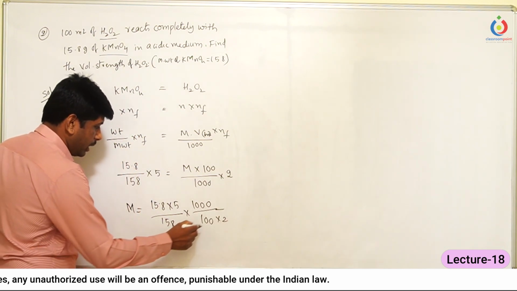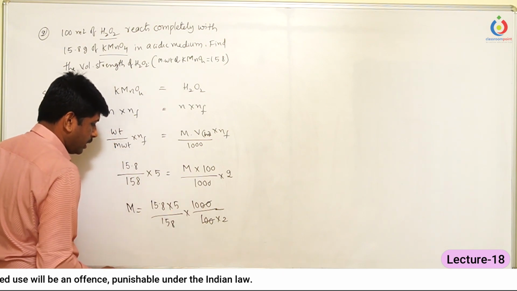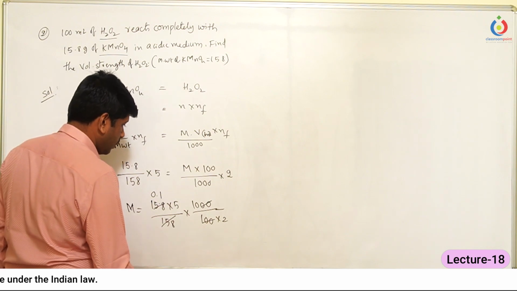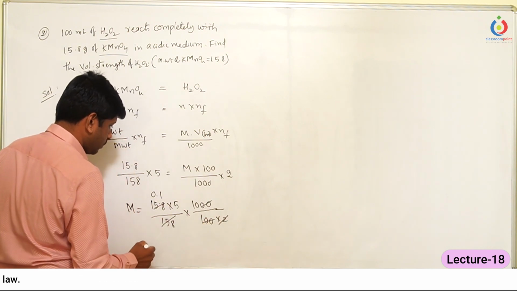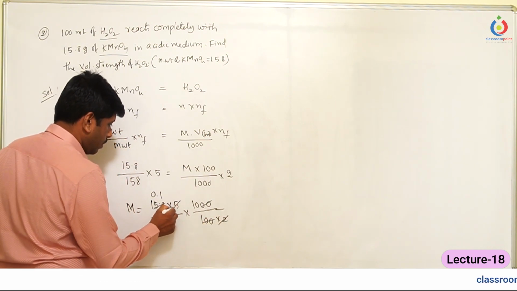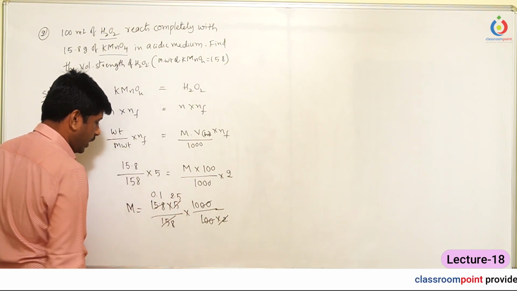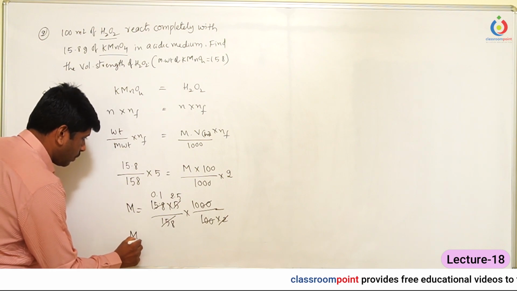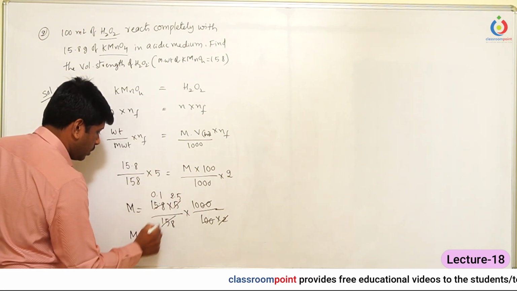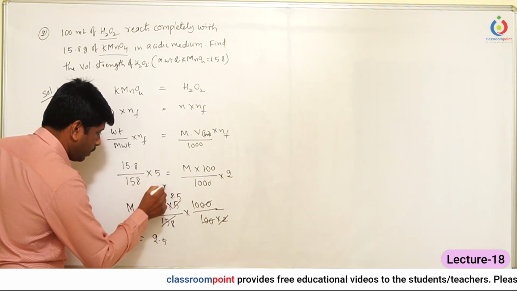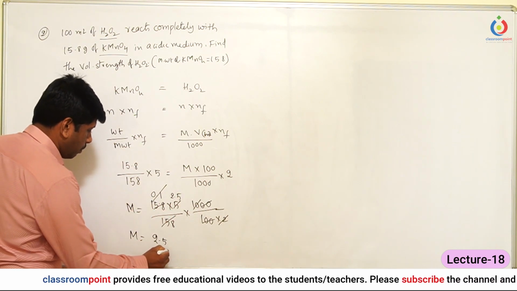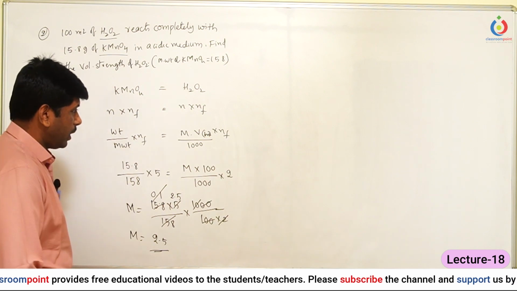Here it cancels like this: 0.1 and 2.5, the 10 cancels out. So molarity is equal to 2.5.